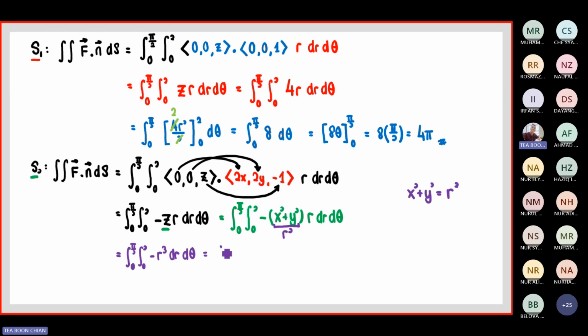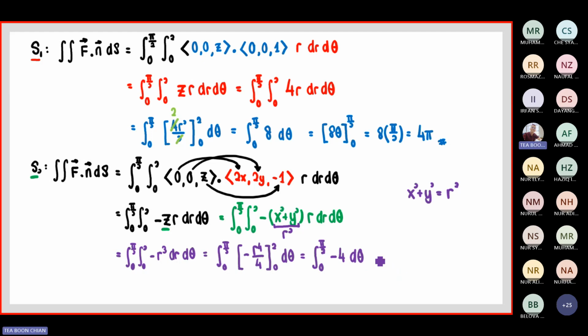So now proceed to find the integral. Negative r power 4 over 4. Substitute from 2 to 0 d theta. Okay, this gives you integrate 0 to pi over 2 negative 4 d theta.